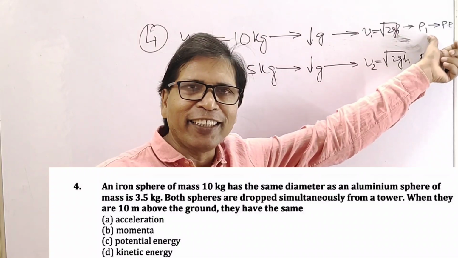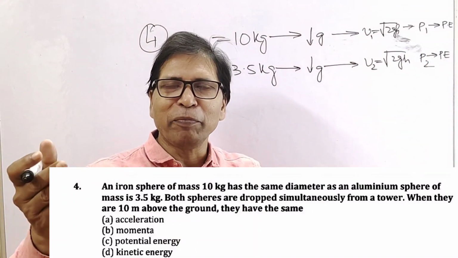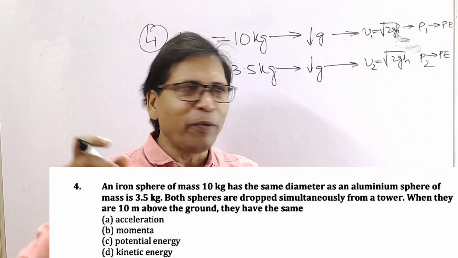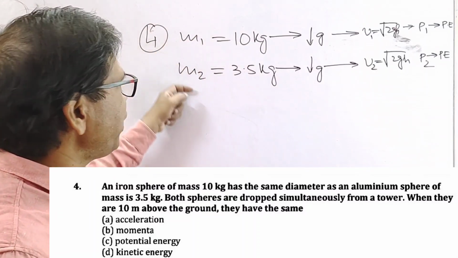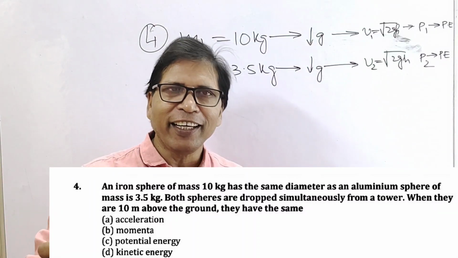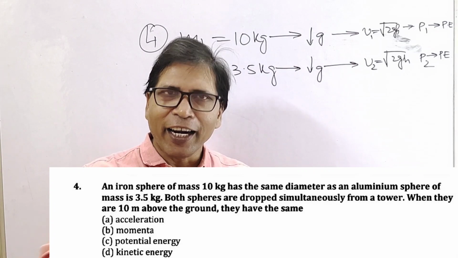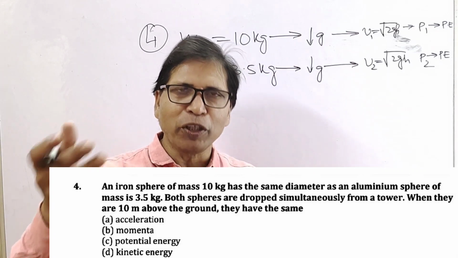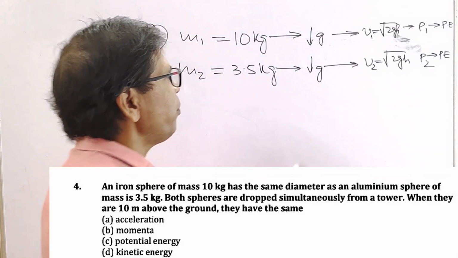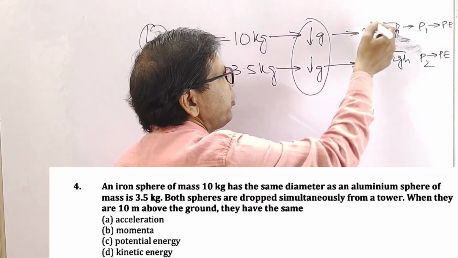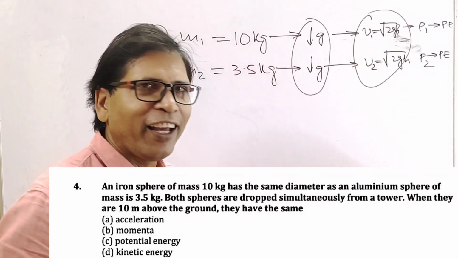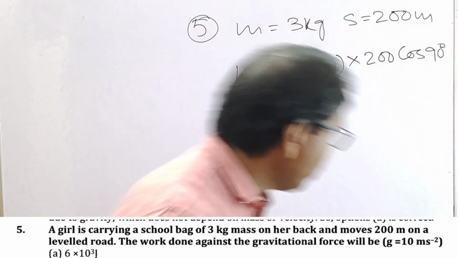But potential energy mgh is different because g and h are the same, but as their masses are different, their potential energy, kinetic energy are different and momentum is also different. So they have the same acceleration, same velocity. Okay, understood?